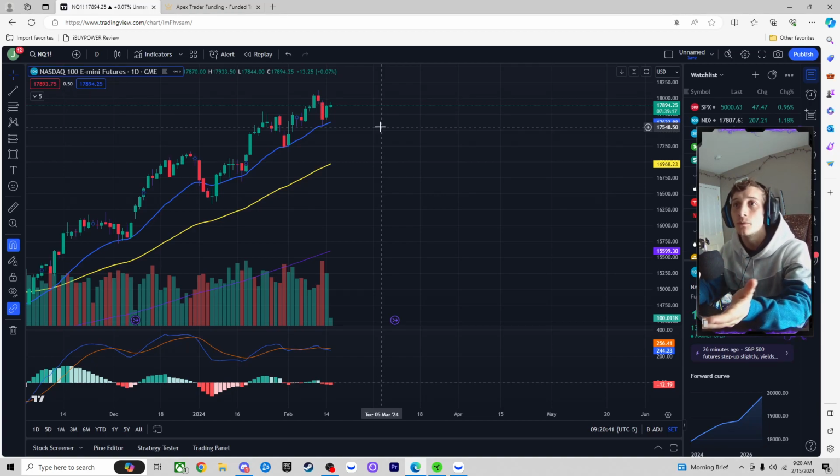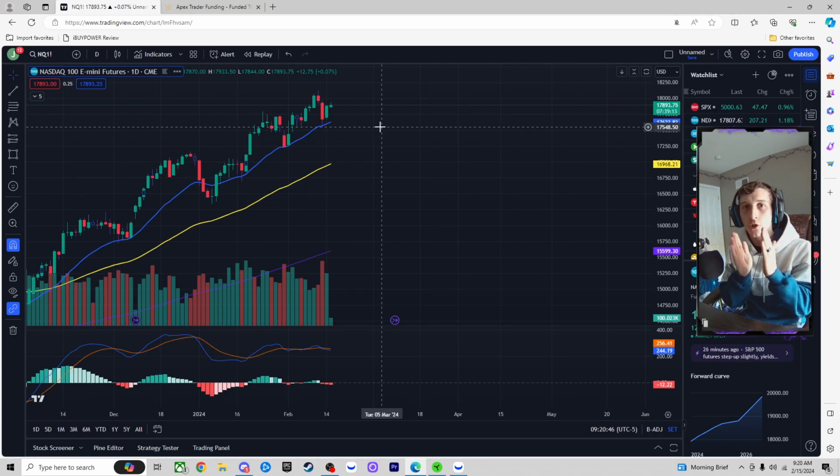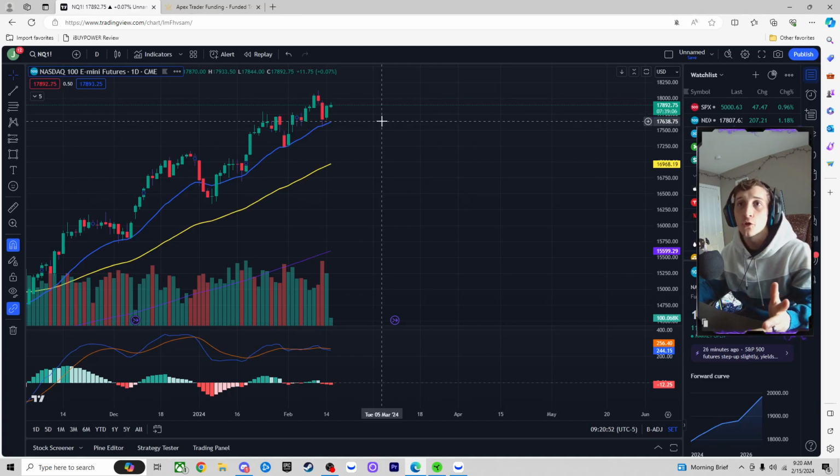So NQ is just the futures of QQQ. If you put the two charts side by side, you're going to see that they're exactly the same, because they are. The futures chart will move just a hair faster than the QQQ chart, because it's the futures. It's supposed to be first.